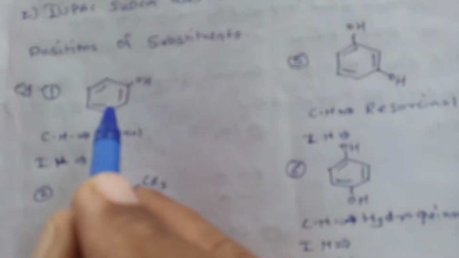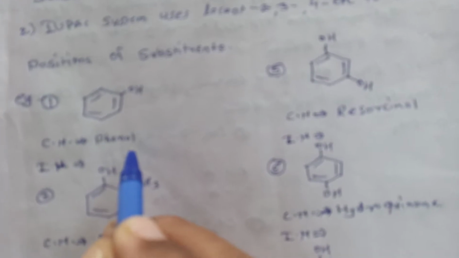We'll see some examples. In the first example, it is a monosubstituted benzene, monohydroxyl benzene. The common name of the compound is phenol. The IUPAC name of this compound is benzenol or also phenol.